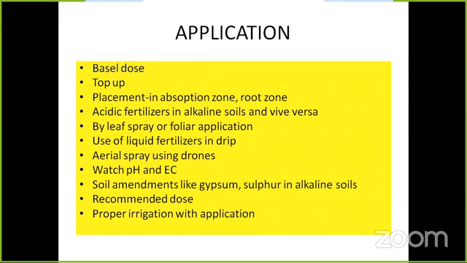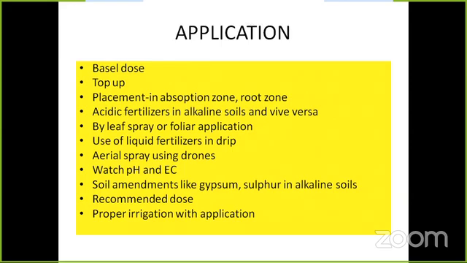So in case of tree crops, the absorption zone is at the end of the canopy. If the tree is standing like an umbrella, at the end of the umbrella where the water drips, nearer to that place is the absorption zone. In case of small crops, it will be very nearby. In case of tall trees, year after year, they keep moving their absorption zone.